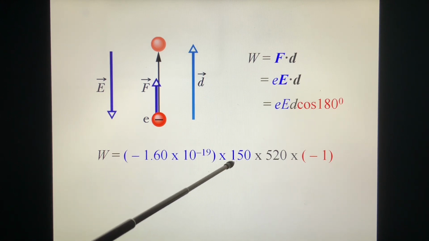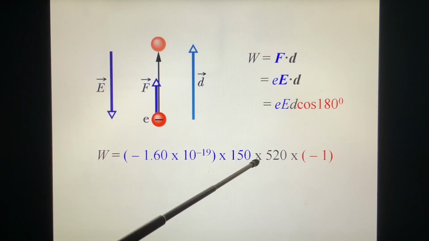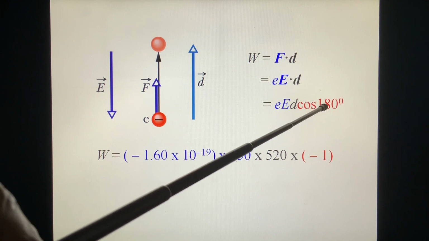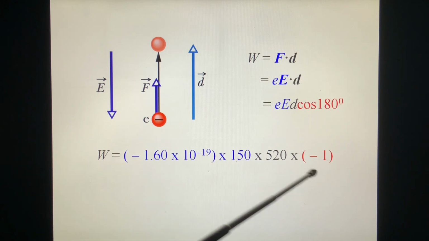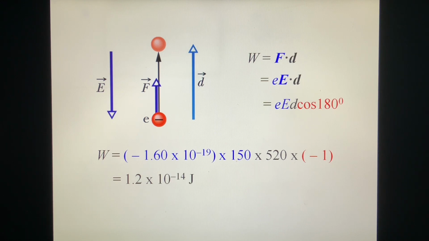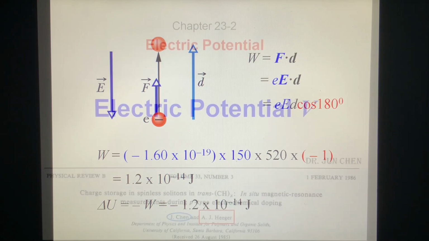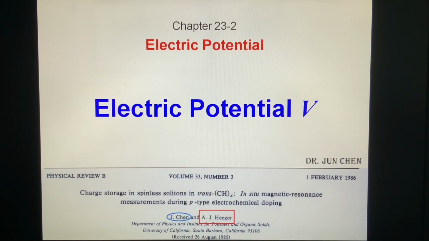E is 150, d is 520, and cosine 180 is minus 1. Two minuses, we get a positive. W is 1.2 times 10 to the minus 14 joule. And by definition, delta U equals minus W. So I put another minus, the potential energy change is minus 1.2 times 10 to the minus 14 joule.